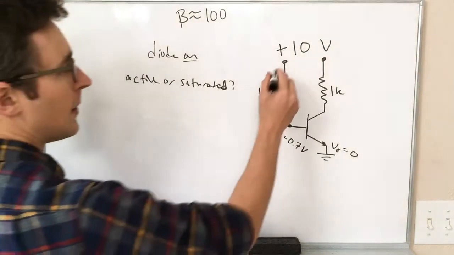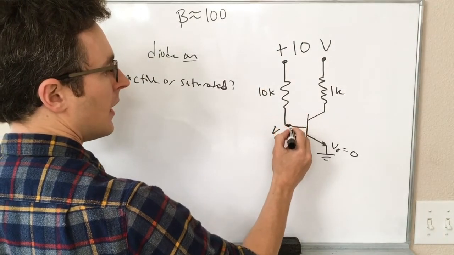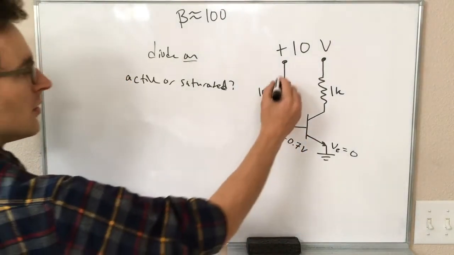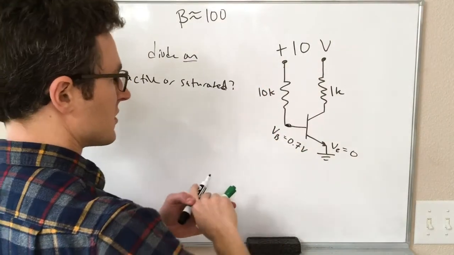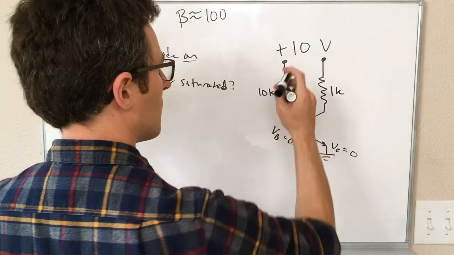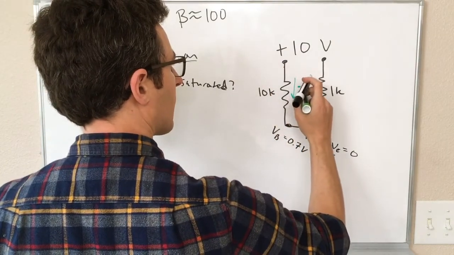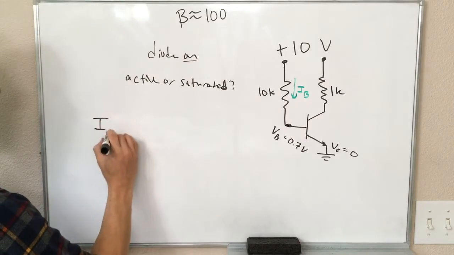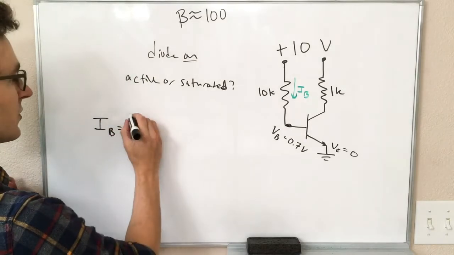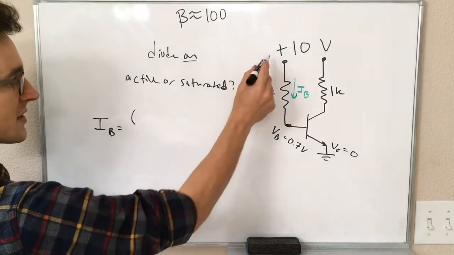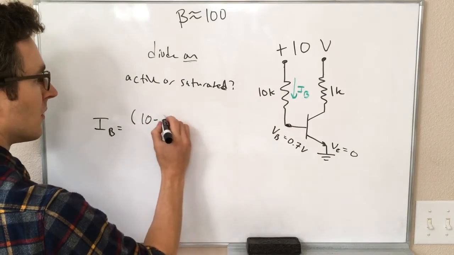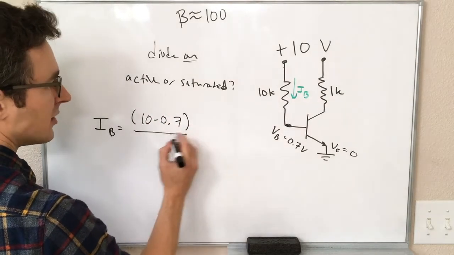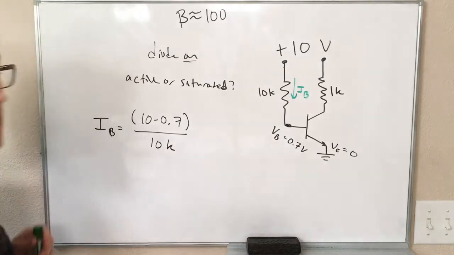So if that's true, we have 10 volts here and 0.7 volts here. So the current through this resistor, that is the base current, is equal to V over R, so that's 10 minus 0.7 divided by 10 kiloohms.